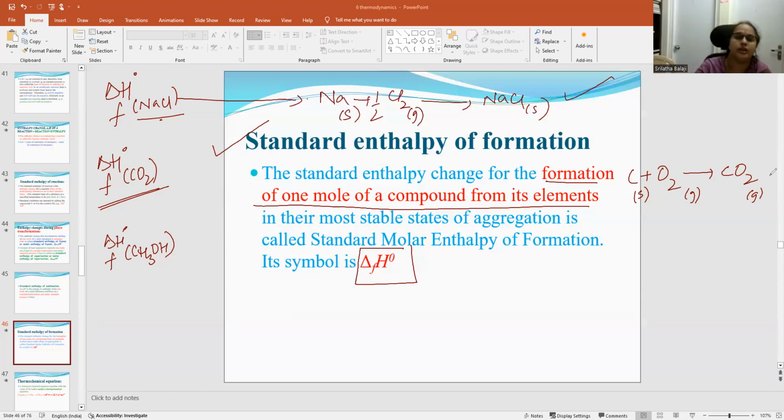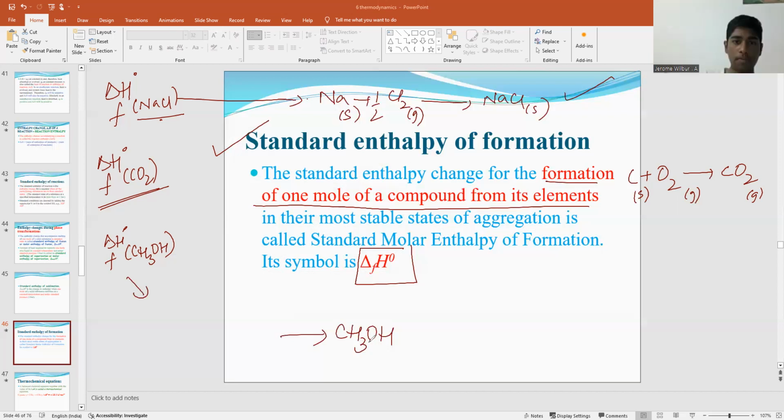Now, please design your equation for CH3OH. What do you think CH3OH should be? CO2 plus H2O, ma'am. Okay.